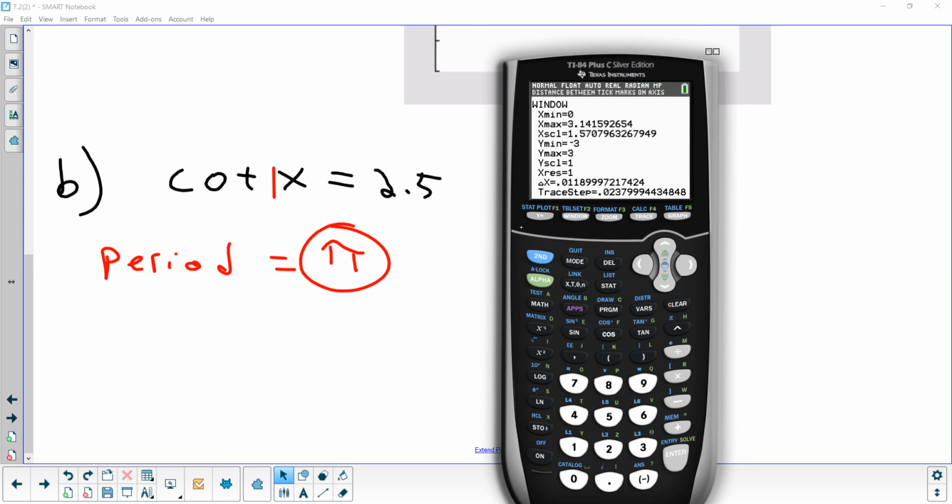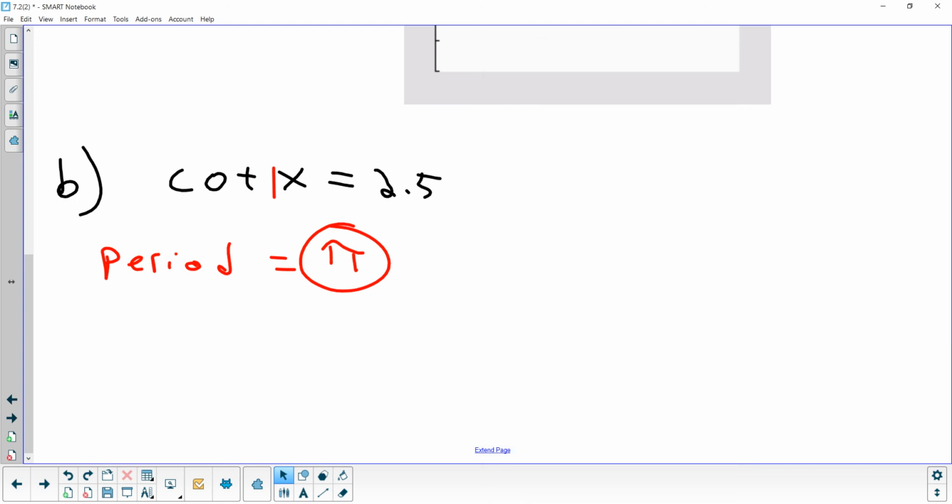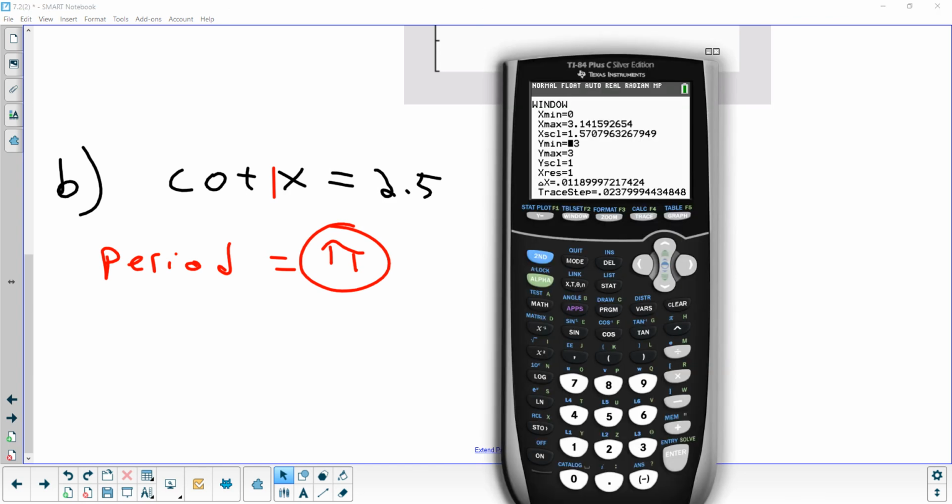It's the same as the range on tangent, or the domain of inverse tangent. Yep. It's negative infinity to infinity, so it's going to go up and down forever. As long as you cover what number they want it to equal in the window, you're fine. So technically negative 3 to 3, 2.5 will work.